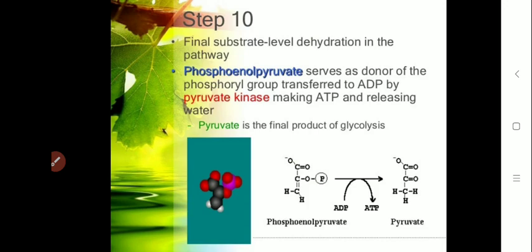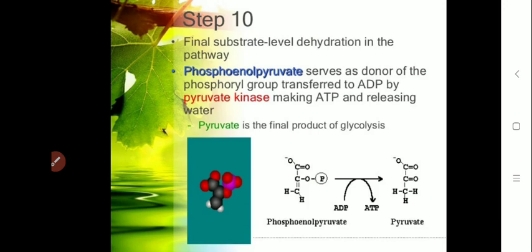This last step in glycolysis is the irreversible transfer of the phosphoryl group from phosphoenol pyruvate to ADP, which is catalyzed by the enzyme pyruvate kinase, converting phosphoenol pyruvate to our final product, pyruvate.